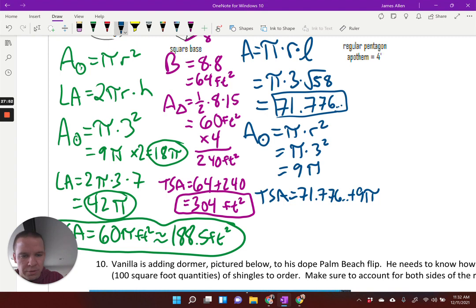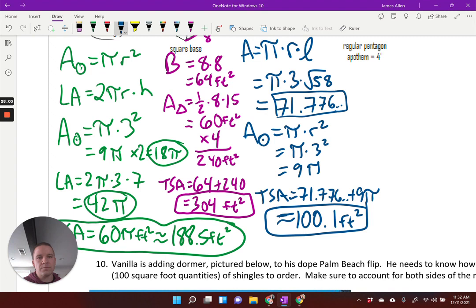And I get a total surface area of, once I round, 100.05. So we'll call that 100.1 feet squared. Cool. I like it. Awesome.